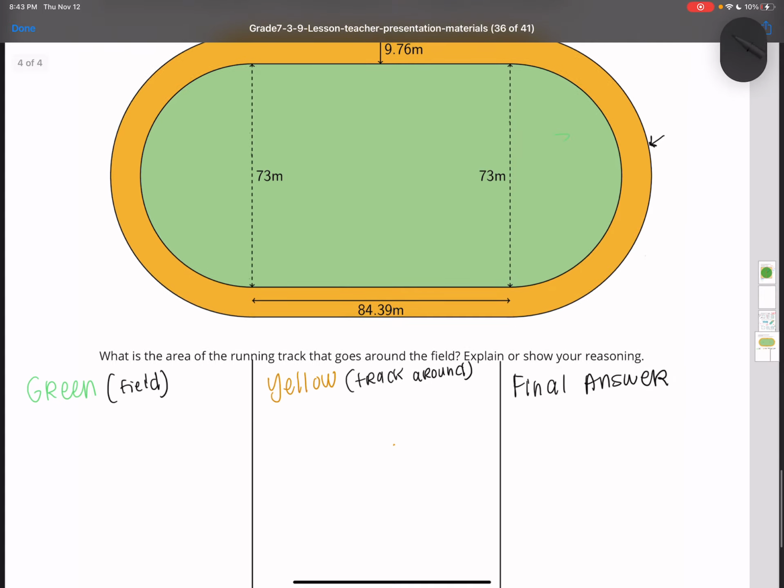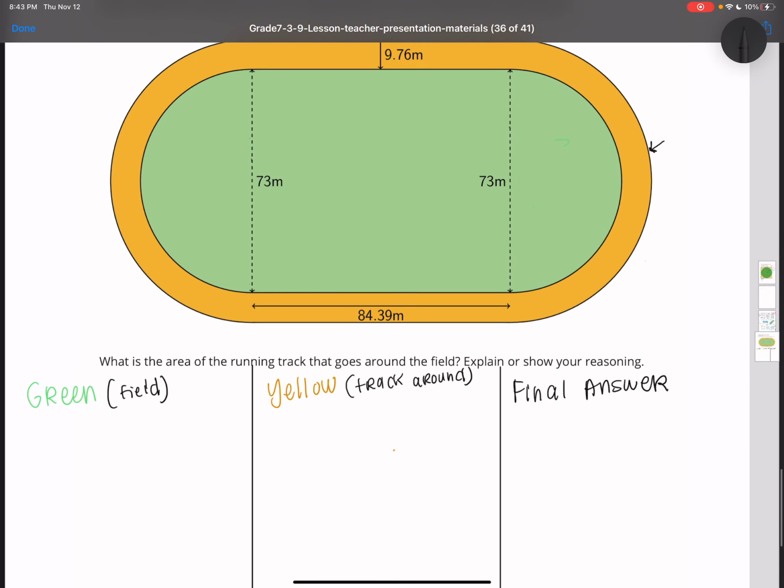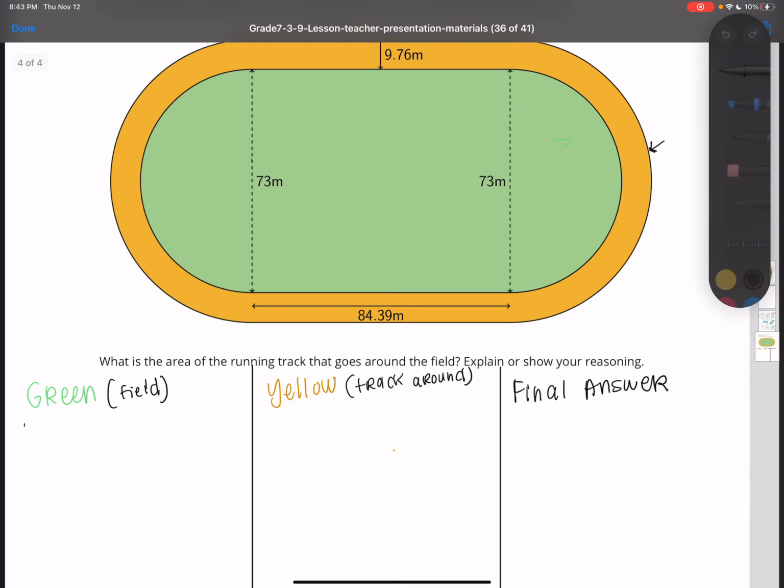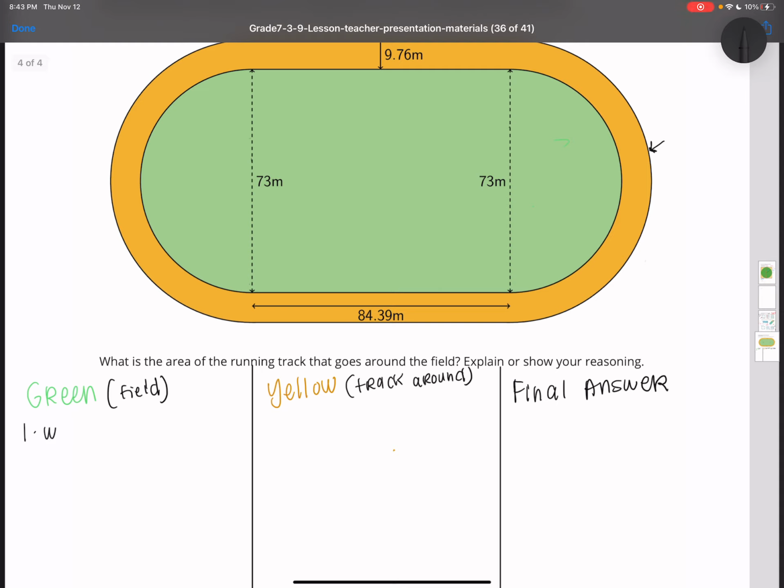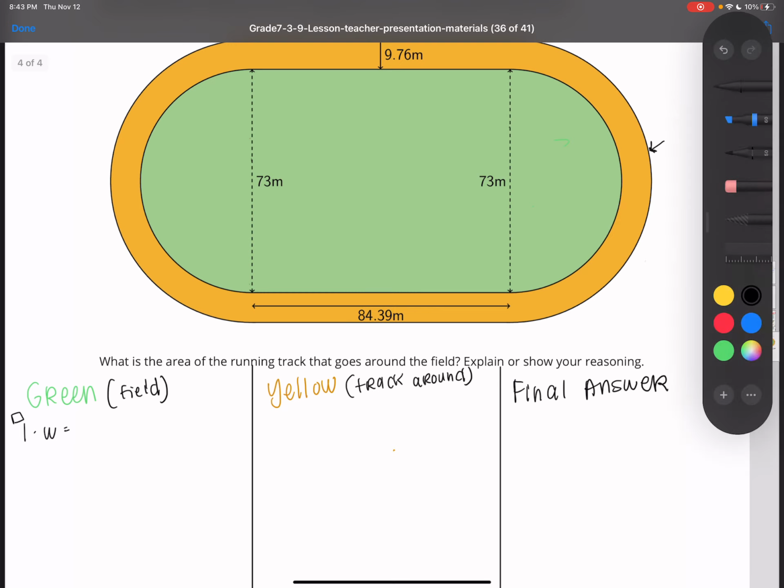I'm first going to find the area of the rectangle, because it's the easiest. We're familiar with that formula. To find the area of a rectangle, it is length times width. I'll put a little annotation next to it so you know what I'm talking about.